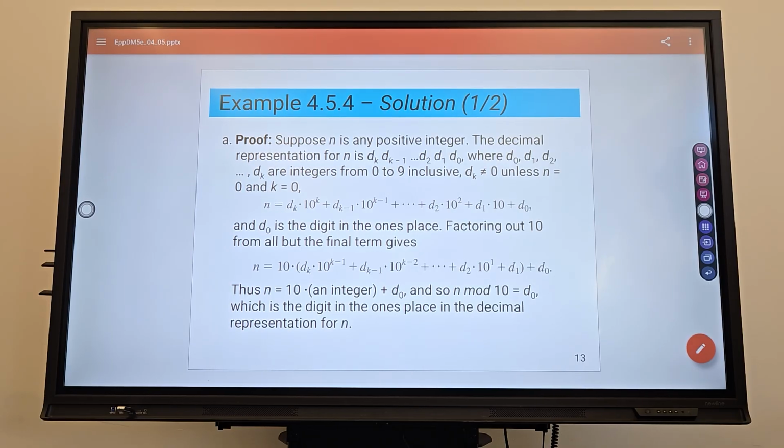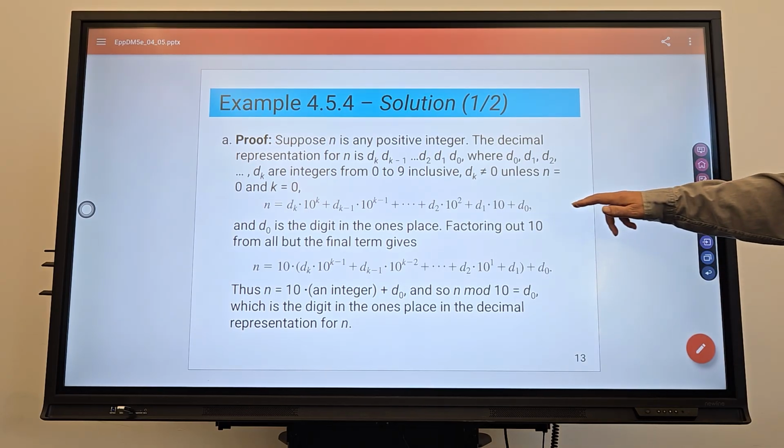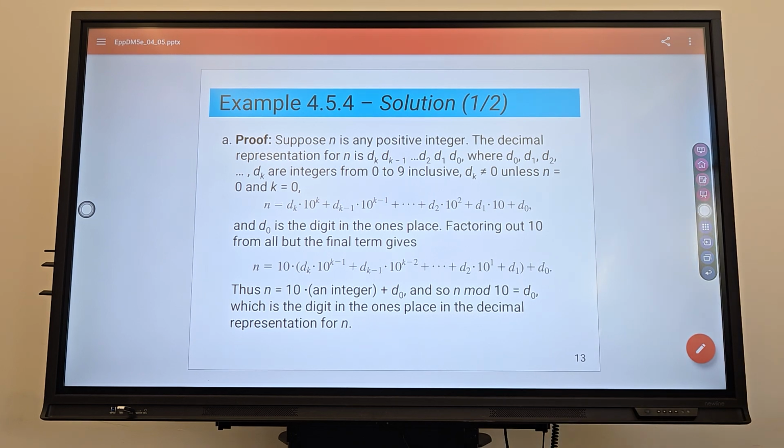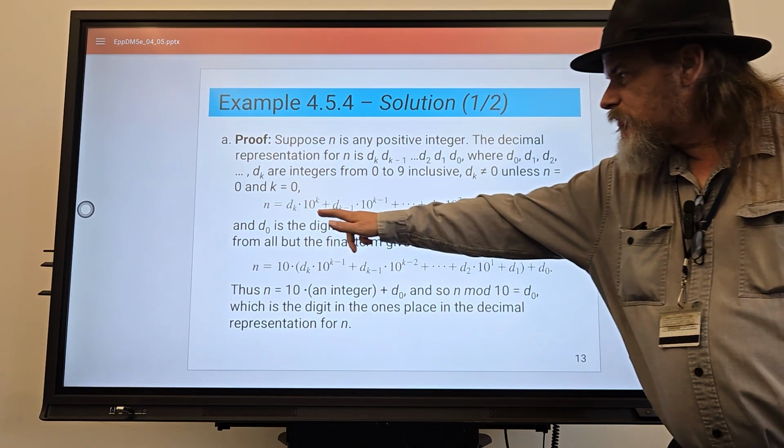So n equals this expression here, which you might recognize from the number system section of digital logic, if you've taken digital logic already, where the digits are multiplied by the powers of 10.